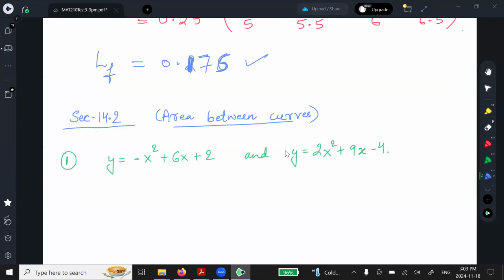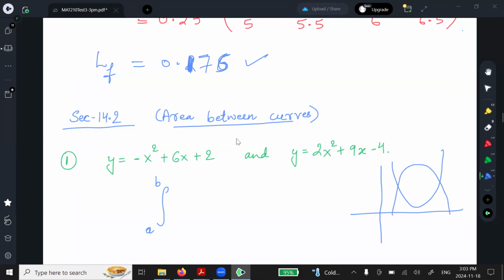I have to find the area between these 2 curves, and I have no clue where they intersect. So I need 2 things, right? I need the limits. So I need an interval of intersection. And if these 2 are parabolas, I need to find which one is higher, which one is lower, right?